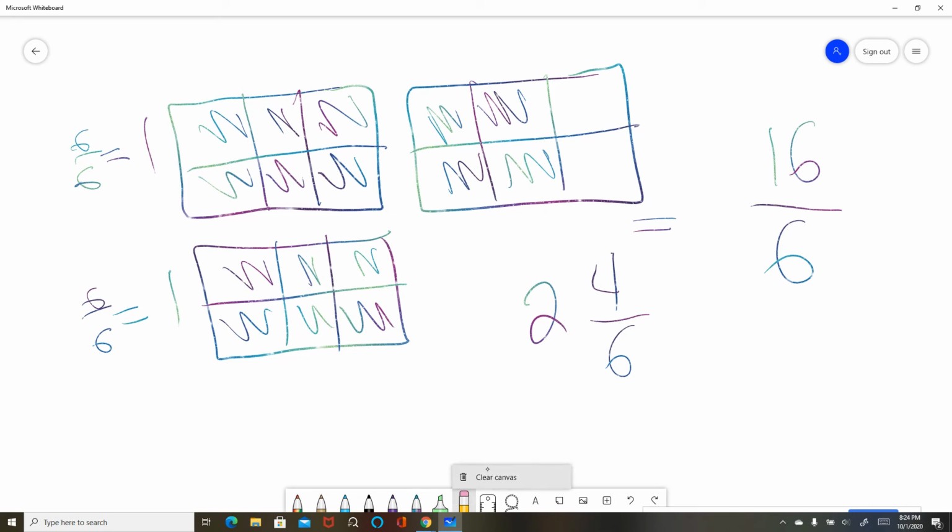Okay, let's do another one. See if you can do it on your own. This will be number 2. Label this number 2 if you're writing it down to show me.